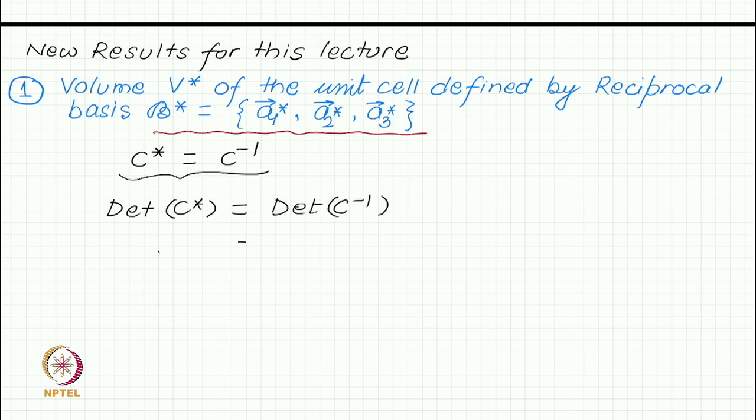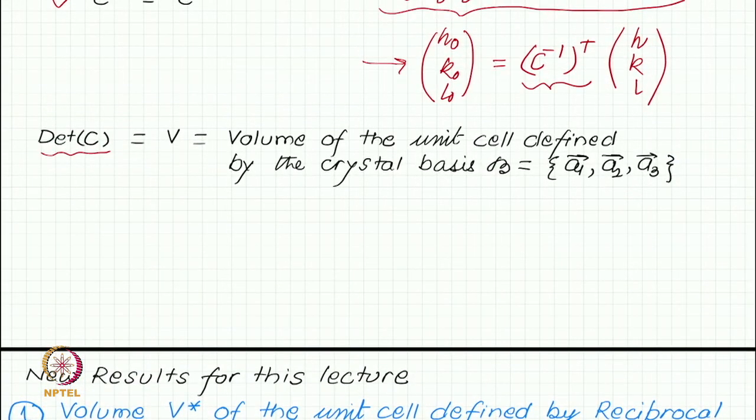And you will remember from your maths class that determinant of an inverse of a matrix is just the reciprocal of the determinant. And we have already shown that determinant of C is V.